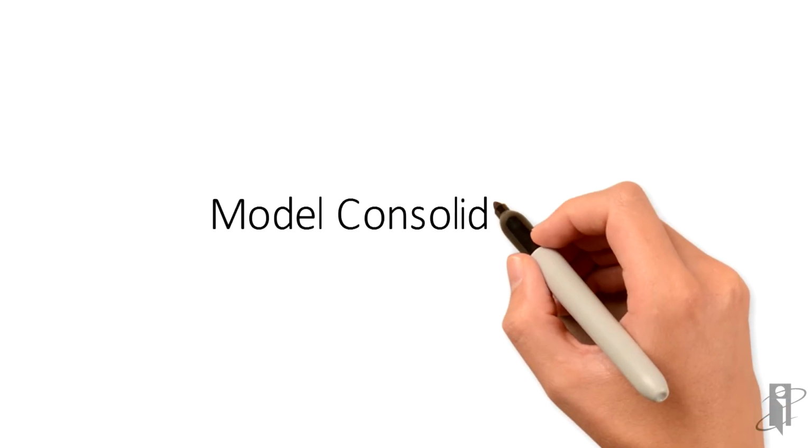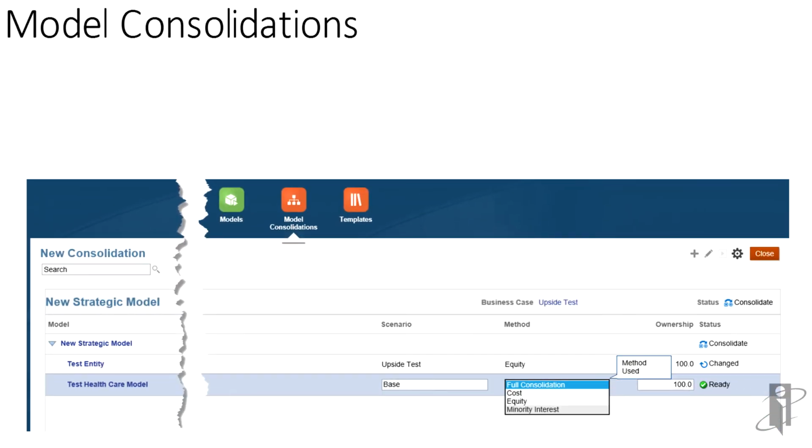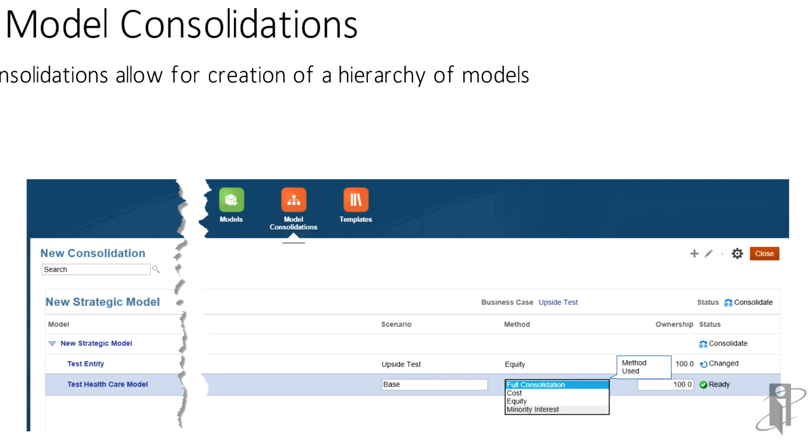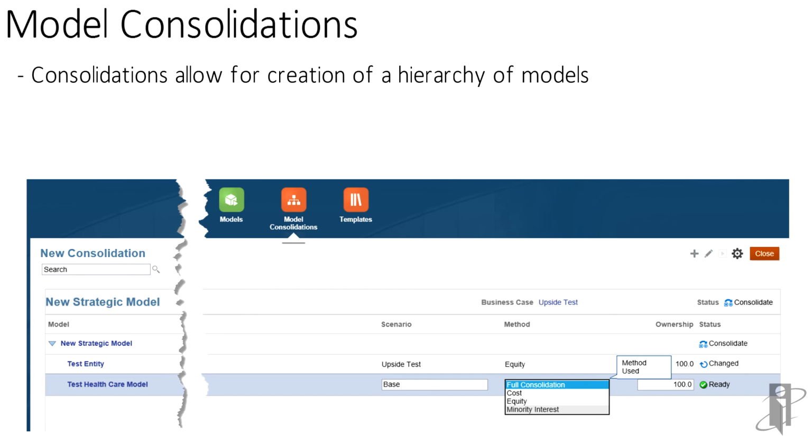Another powerful main feature of strategic modeling is the model consolidations. You'll find this as a separate card from the home screen in EPBCS, just like you found the models. Once you select the model consolidation, you'll find all the models that you've been creating, and you can set them up in a hierarchy. And once you do that, you can change certain scenarios. You can have an upside test.